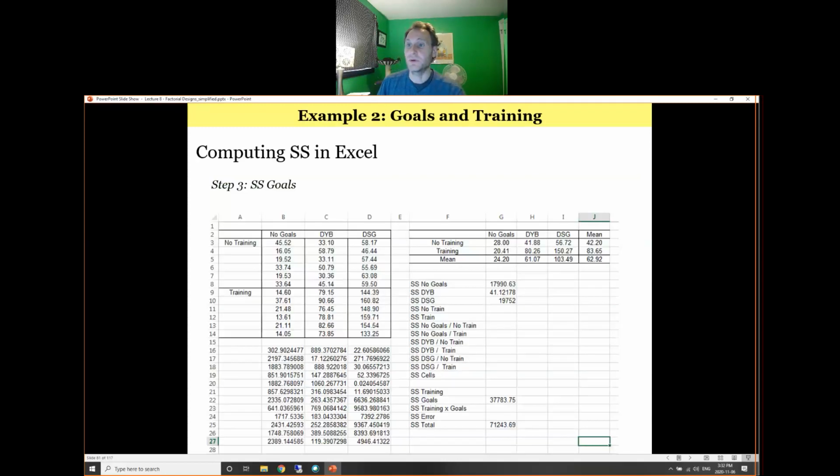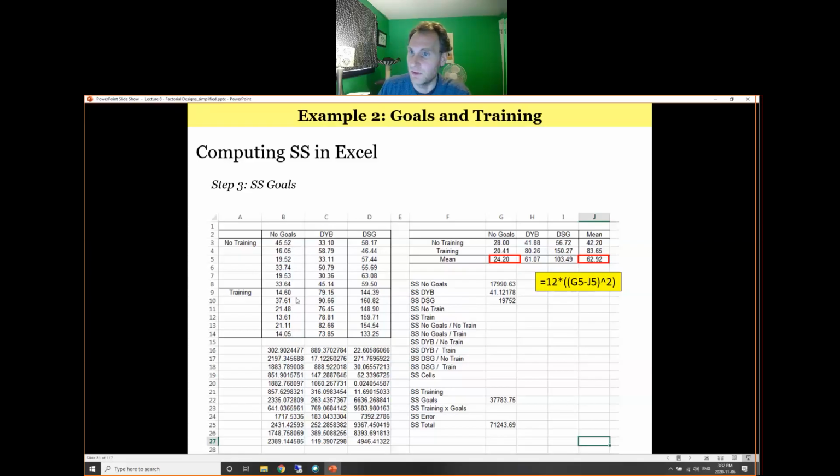So next, we want to compute our sums of squares for our goal condition, right? Just as we did before. So here, I'm taking the mean of my no goal condition, which lives in G5, subtracting out my grand mean, squaring it, and multiplying it by the number of people who are in the no goal condition.